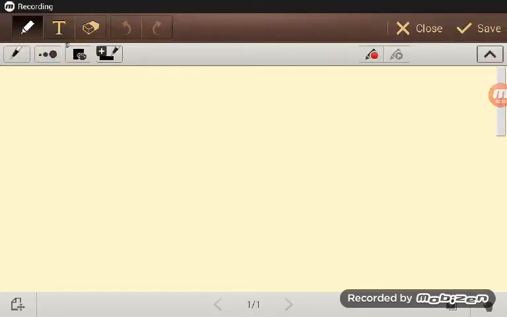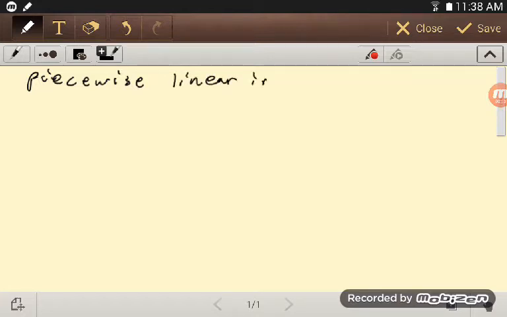Let's see, so we want to look at piecewise linear interpolation.